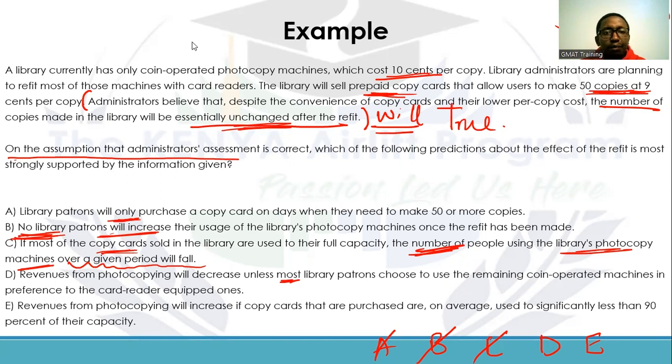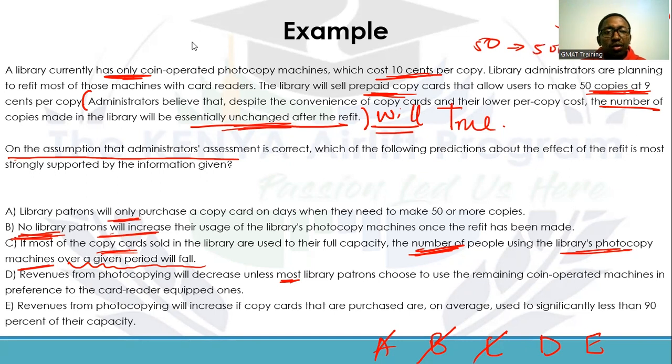But previously, because the library currently has only coin-operated photocopy machines, for 50 copies at 10 cents per copy, you used 500 cents.